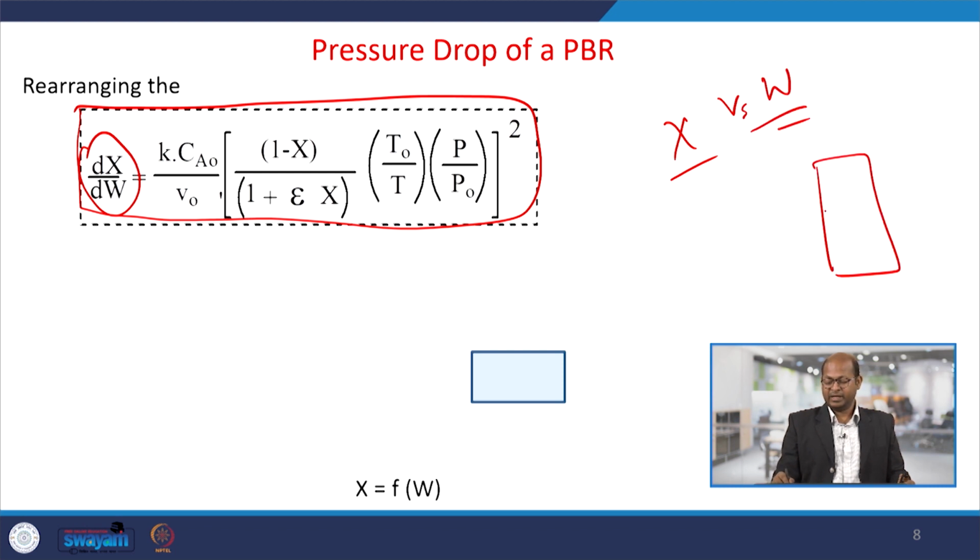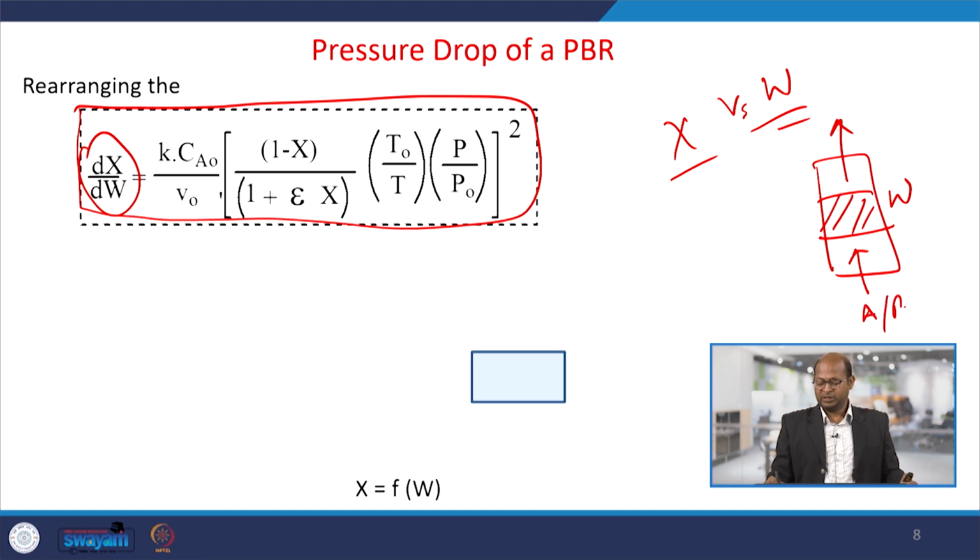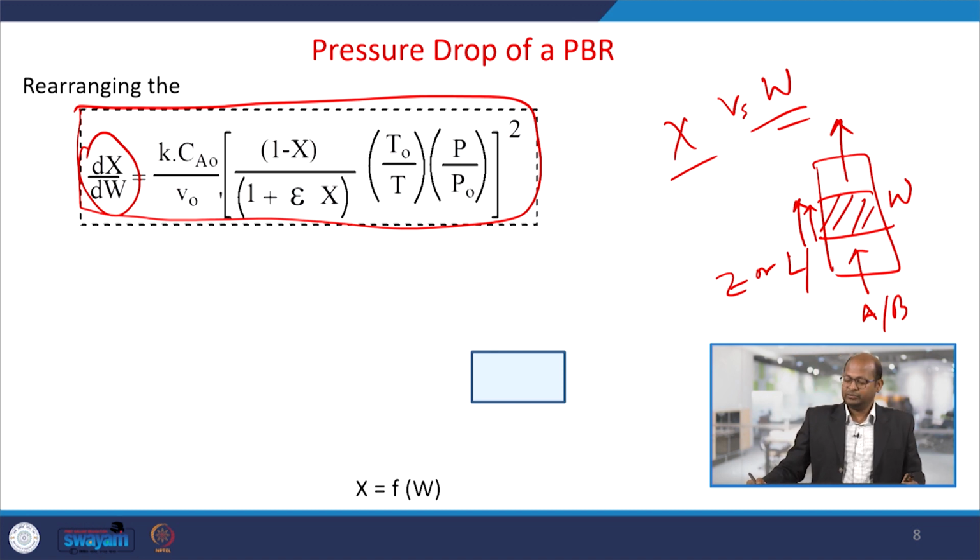Since in the catalyst bed W amount of catalyst was taken, once the reactant molecules, let us say A or B, pass through it along the length Z, from bottom to top, the length gradually increases, so conversions at different locations would also be different. How that is affected by changing the catalyst weight, we can find out using these equations.